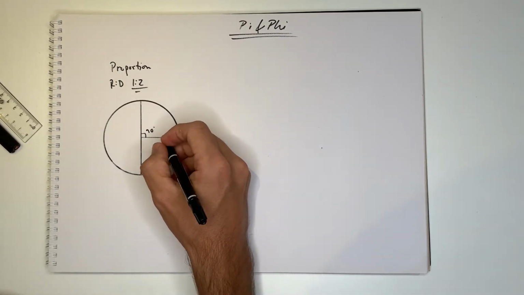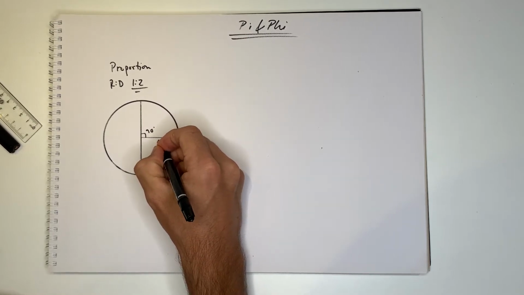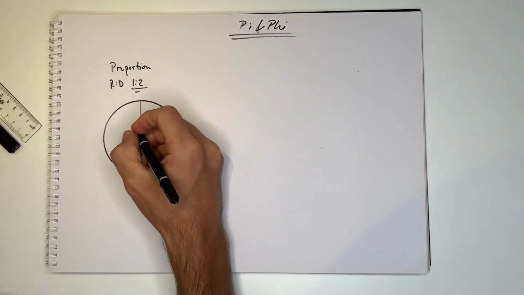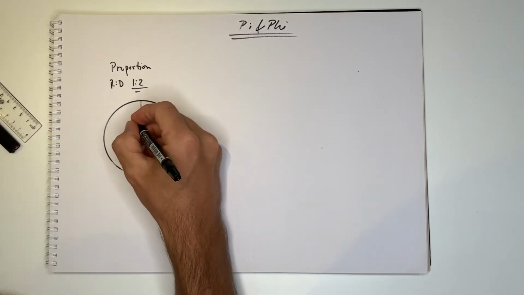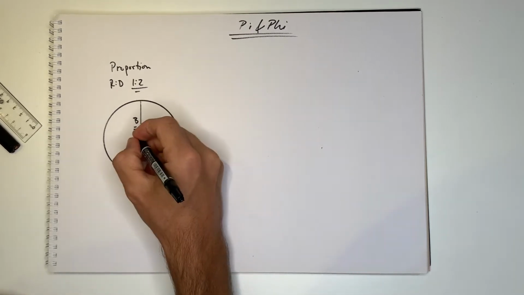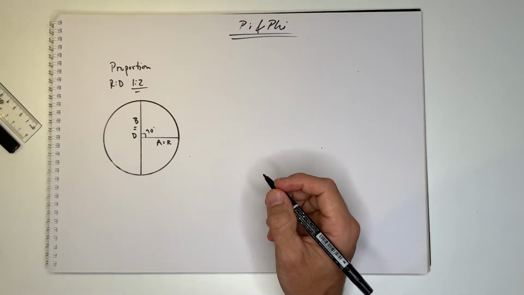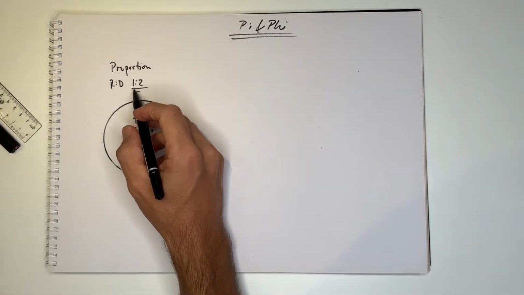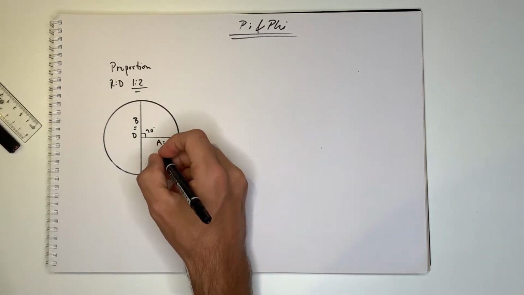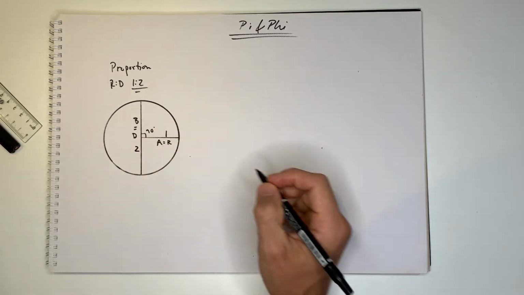So let's call the radius A, that equals the radius. We can call the diameter B. So they are in proportion 1:2. For simplicity, we use that the radius is 1 and the diameter is 2.